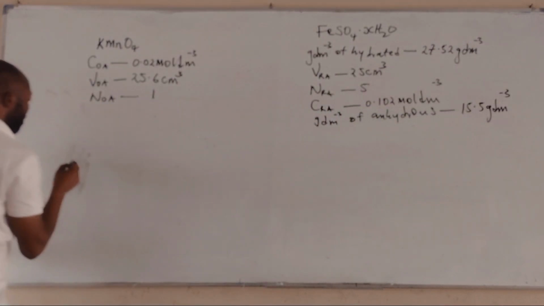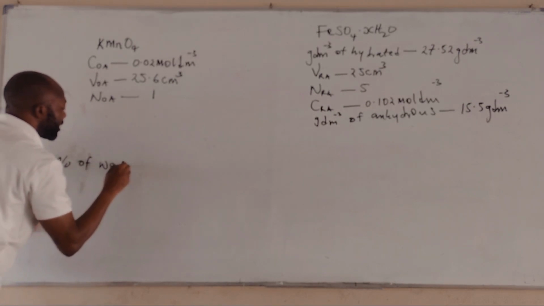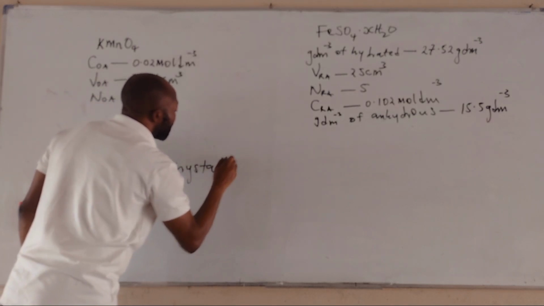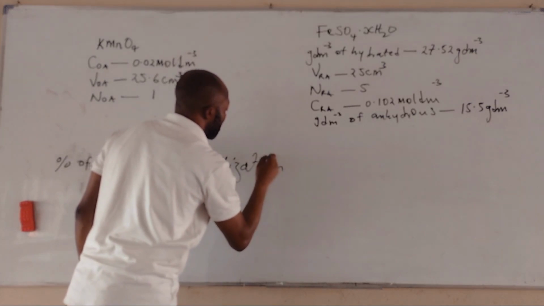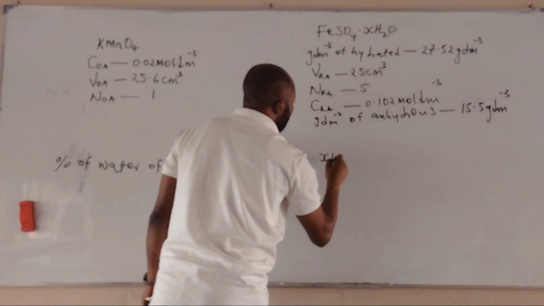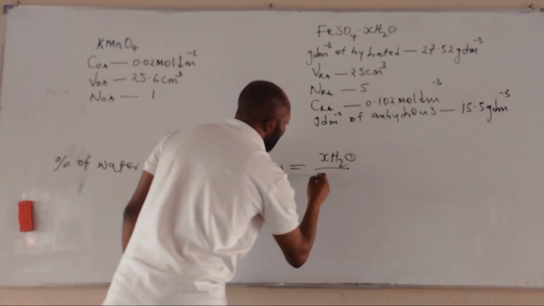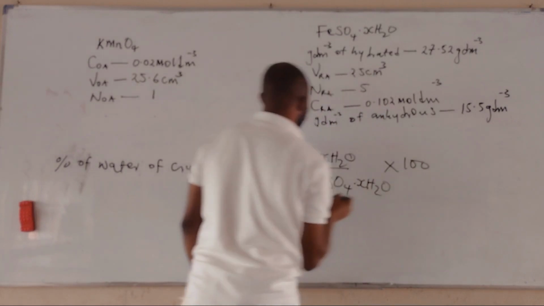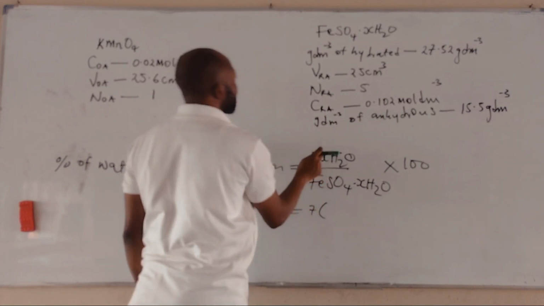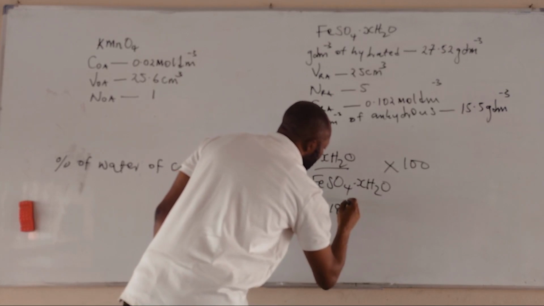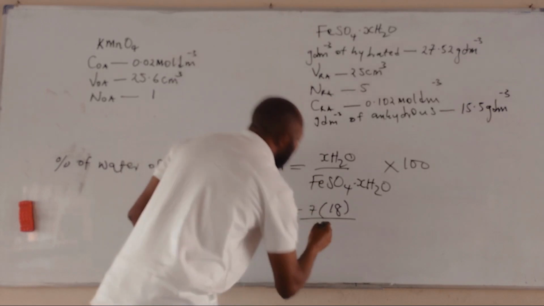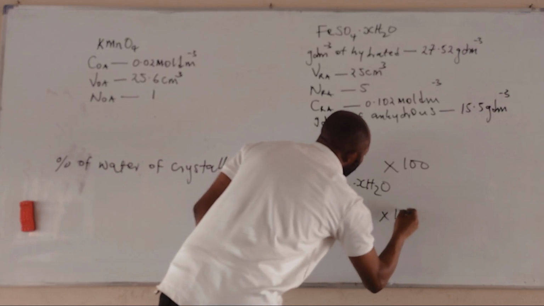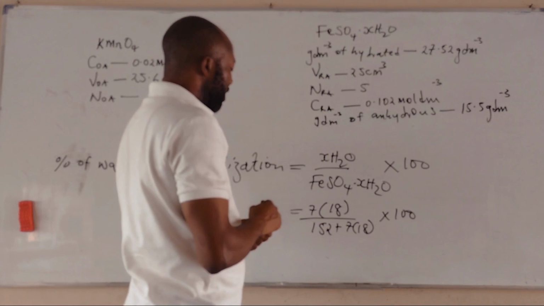So the percentage of water of crystallization is equal to X water over FeSO4.X water times 100. We got our X to be 7, so 7 times 18 all over 152 plus 7 times 18, times 100.